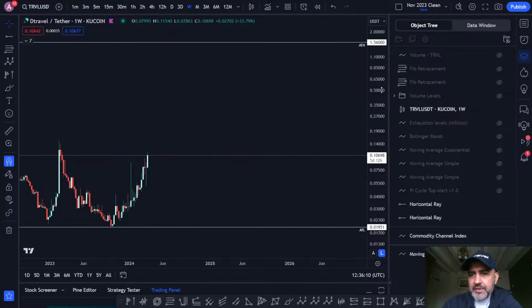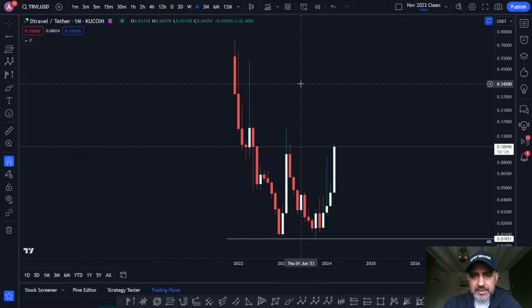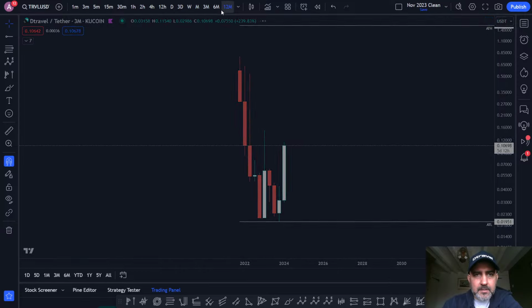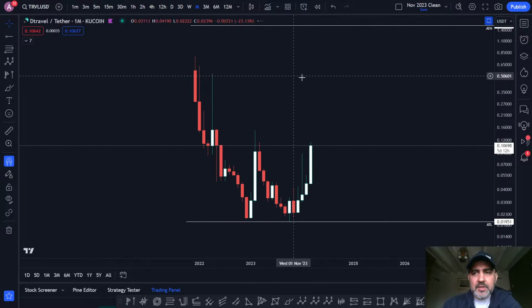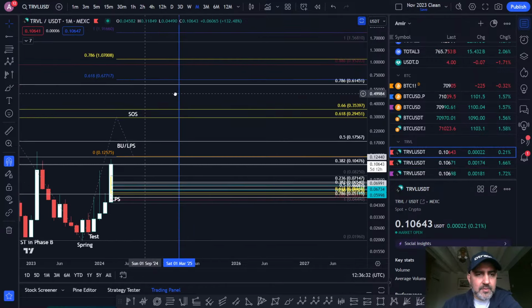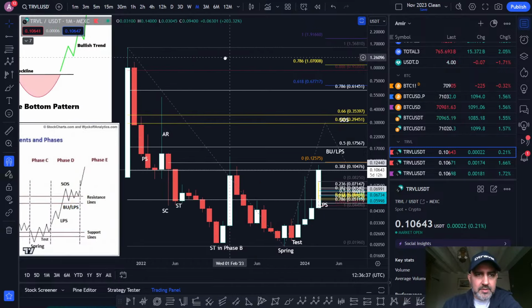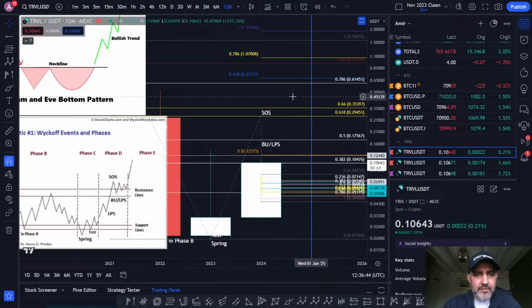Let me just hide those two for now, and then let me just do my levels, my candle levels, my liquidity levels. So yeah, see, it's interesting because in KuCoin the data is slightly different, but if you look at something like MEXC, you'll see that there is a monthly level higher up at about $1 there, and then also on the yearly time frame.